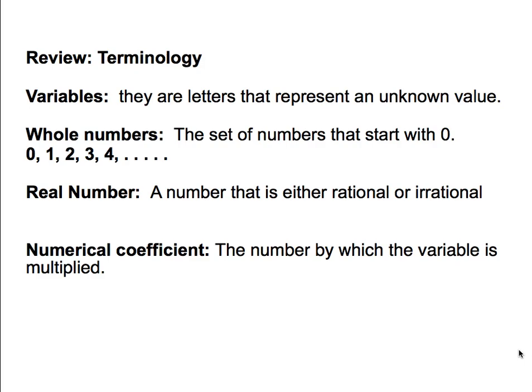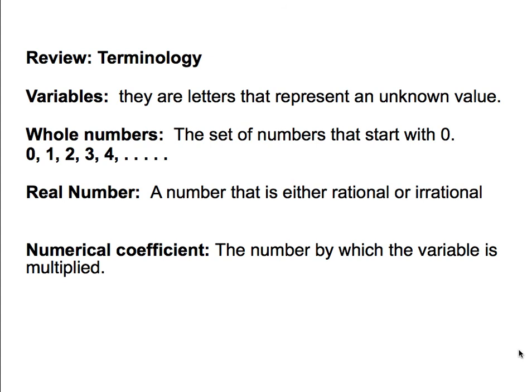So first of all, we need to review some of the terminology. Variables are letters that represent an unknown value. Whole numbers are the set of numbers that start with 0, and they go 0, 1, 2, 3, 4. There are no decimals, there are no fractions, they're just whole numbers.